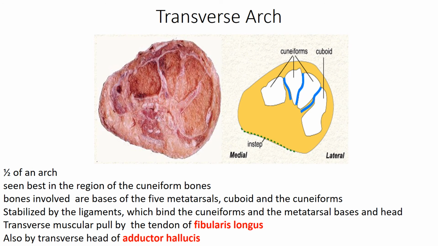Often this arch is described as a proximal portion and a distal portion. The proximal portion is related to the tarsals, the three cuneiforms and the cuboid, and this portion is supported by the oblique passage of the fibularis longus, and a distal portion is related to the heads of the metatarsals, and this portion is supported by the transverse head of the adductor hallucis as well as the deep transverse metatarsal ligaments.